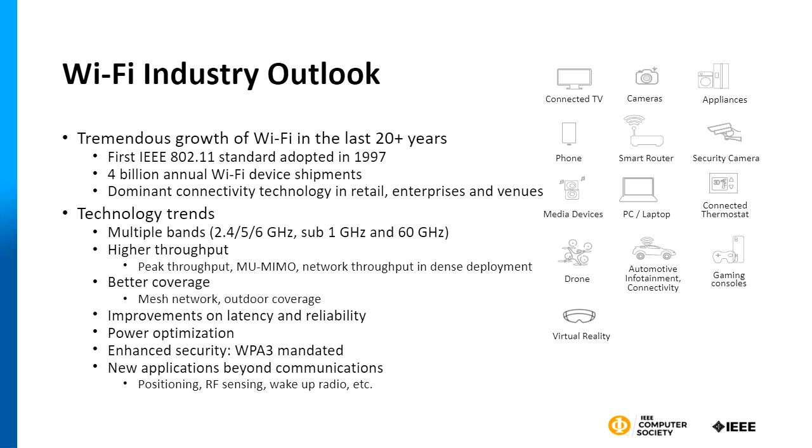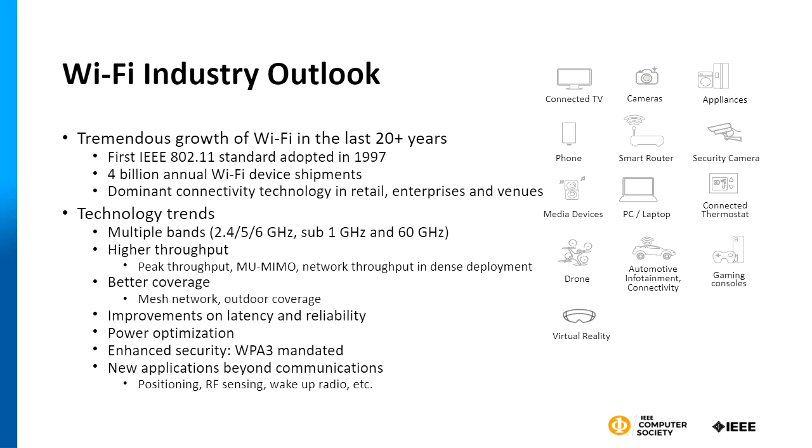That can be thought of as one of the use cases of 11ax, which was Wi-Fi 6. And better coverage: we have different technologies that are already developed and under development to address mesh networks, outdoor coverage, and so on. Other trends, of course, are improvements in latency and reliability, which is essentially the focus of the Wi-Fi 8 technology that is under the works right now.